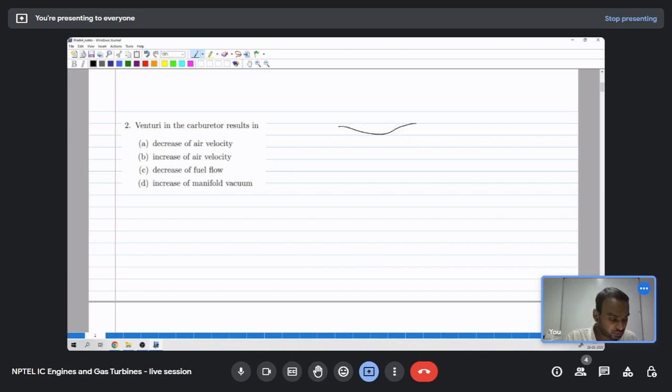Okay, we have a venturi in the carburetor. Fuel is fed to this throat region from a float chamber with fuel, and this is the inlet condition, and we have the throat where the cross-sectional area is less compared to the inlet. So I would write A1 is greater than A2.